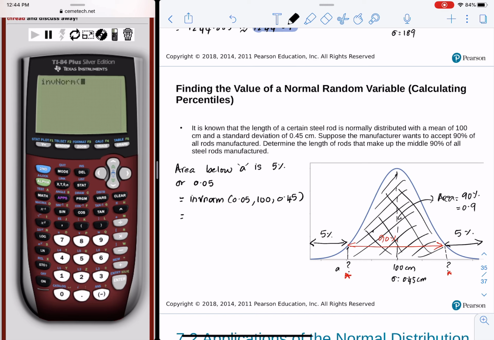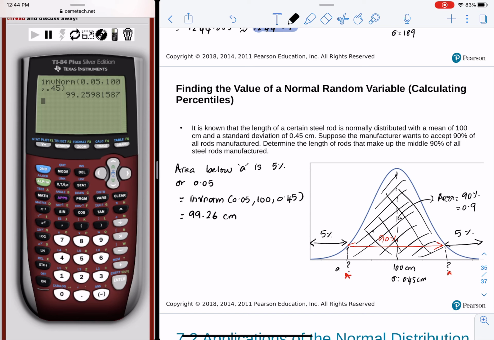Number 3, 0.05, the area below, and 100, and 0.45. And we end up getting 99.2598, which is 99.26.